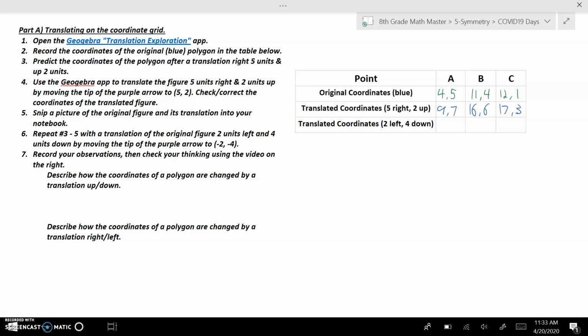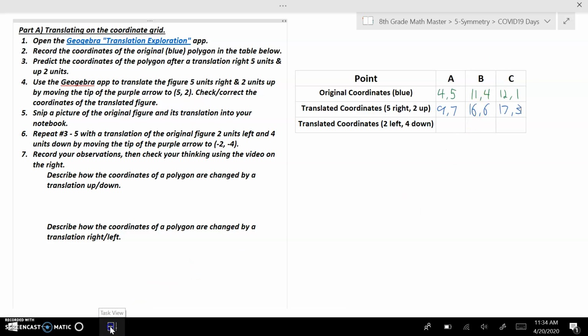What I want you to do is try and think about what you did with those coordinates, and then look at the starting and ending coordinates for A, for B, and for C, and notice how that translation affected the values of those coordinates. I'll talk about that at the end, but hopefully that informs your prediction for moving it left 2 and down 4.